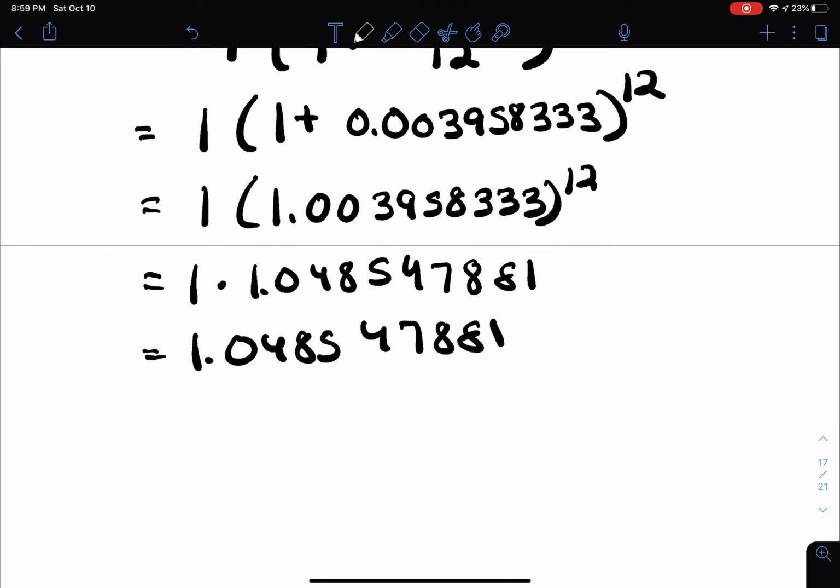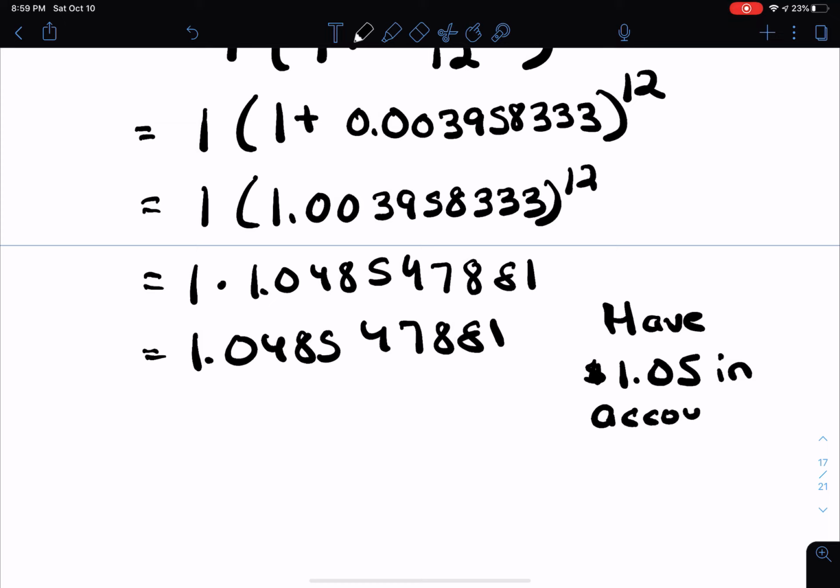So basically, you would have $1.05 in the account. The 5 cents is the interest earned.